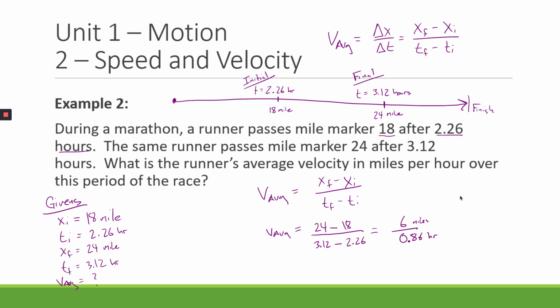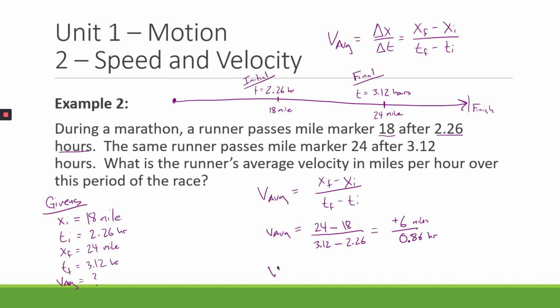All right, essentially what we have just done here, this is our displacement. His displacement between the initial and final positions was positive 6 miles. He went 6 miles farther. And the time it took to do that, his change in time, was 0.86 hours. So essentially this formula allowed us to get delta x and delta t.